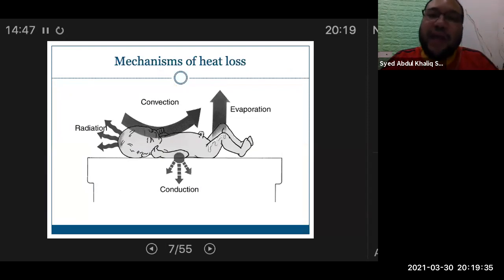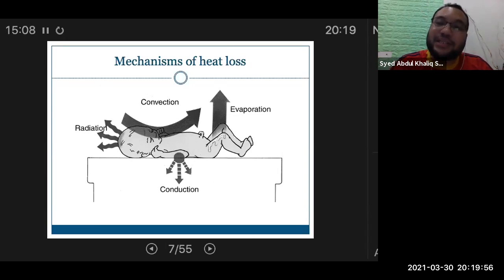So how can we lose heat? We lose heat by several methods. First is conduction. Conduction is by contact. There's conduction of heat from the body into other surfaces and so on. Some surfaces conduct heat better than others.